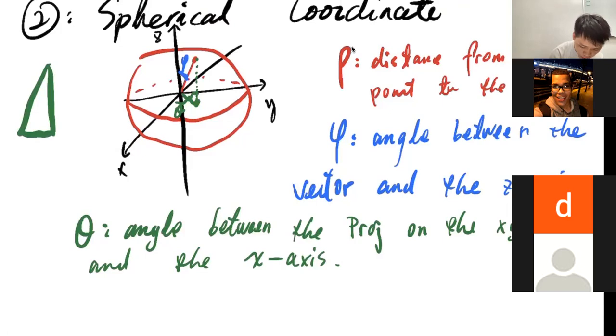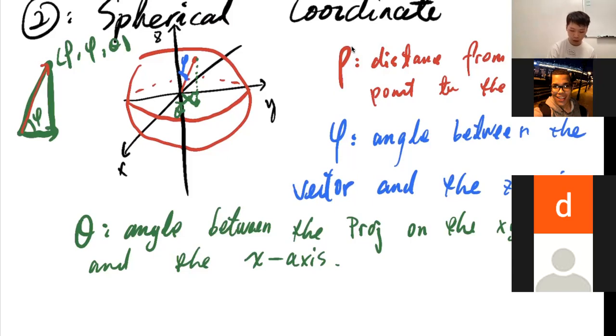This is the point XYZ, which we represent by rho, phi, and theta. This part is the actual vector, and here is the projection. The angle is phi.